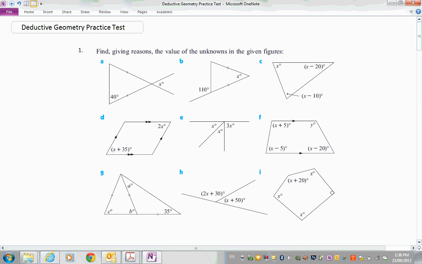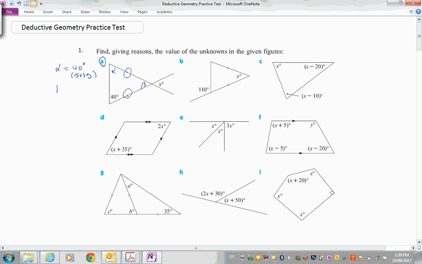Let's have a look at the first one, part A here. The first thing that I notice is these equal sides here. Therefore, what we might say is alpha equals 40 degrees, isosceles triangle. Okay, therefore, what can we say?